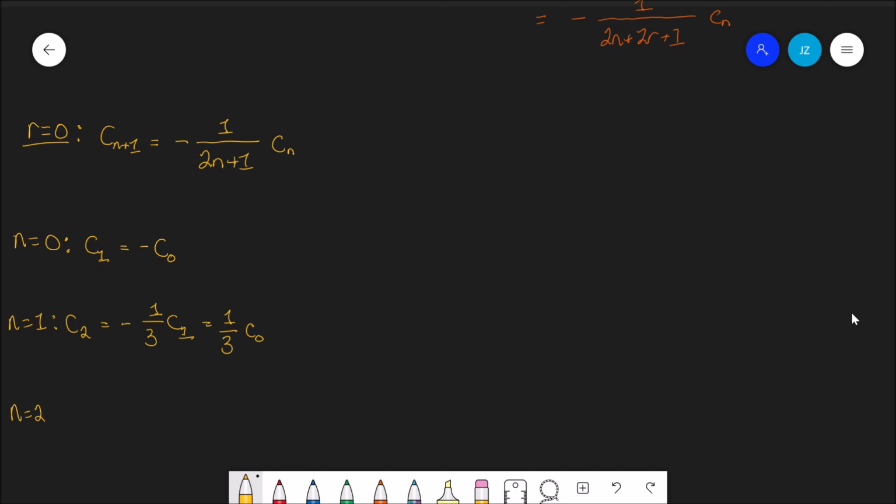n equals 2. C sub 3 is negative 1 over 5 C sub 2. But C sub 2 is a third C naught, so we get negative 1 over 5 times 3 C naught.